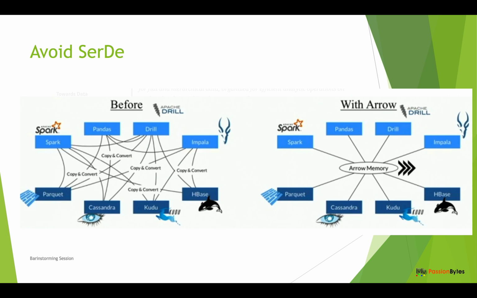But on the right hand side, if we convert it into Arrow format, serialization and deserialization are completely avoided. Pure bytes are transferred from system to system, making access and applications run much faster, also consuming less CPU.